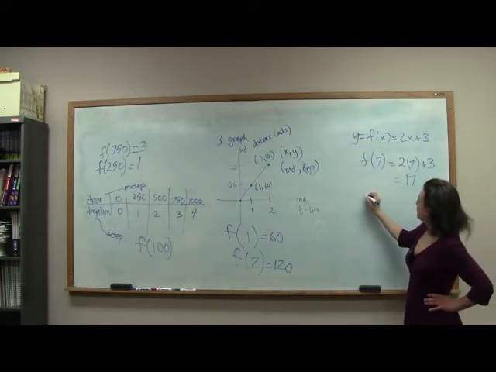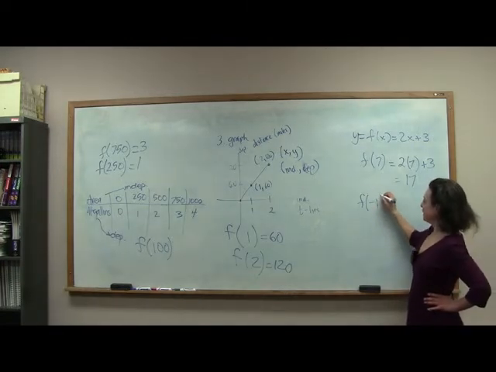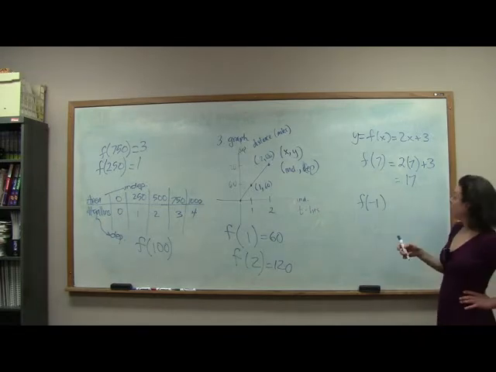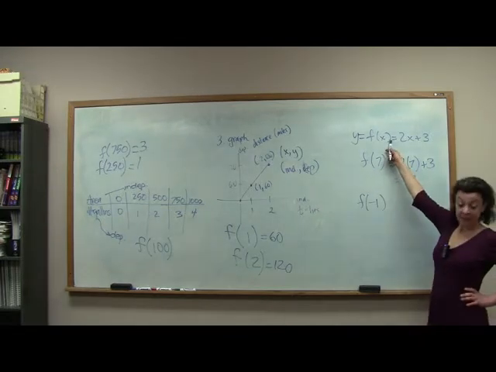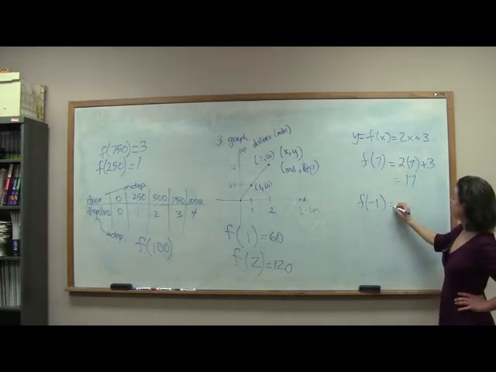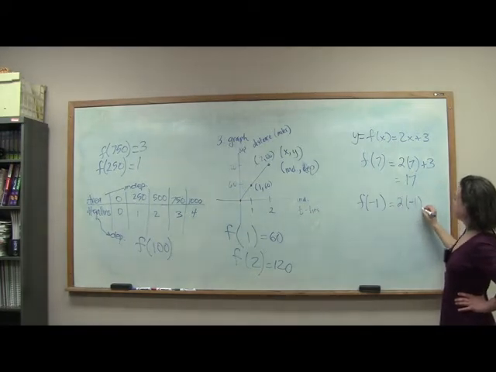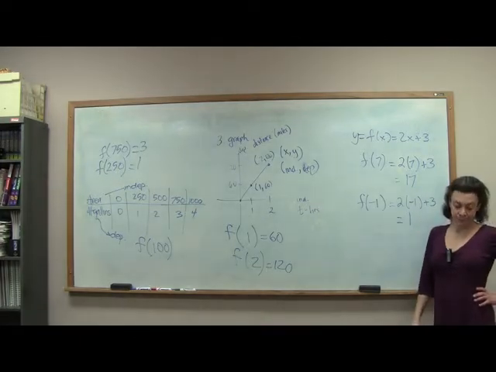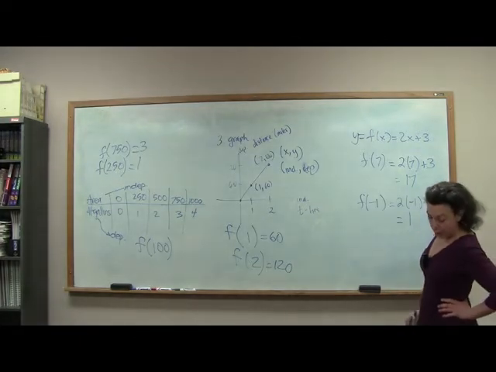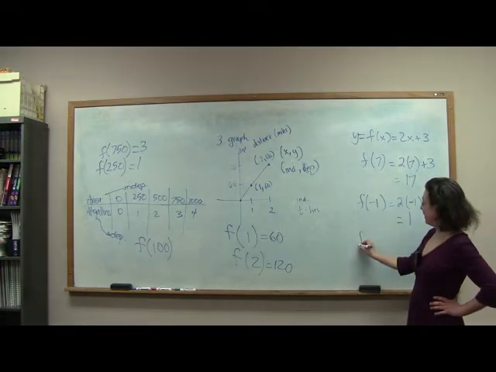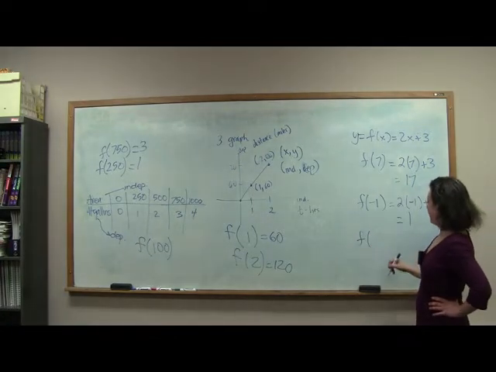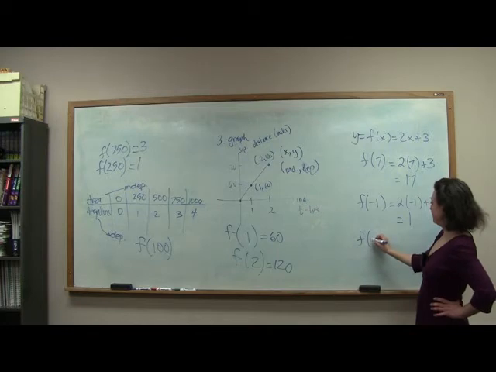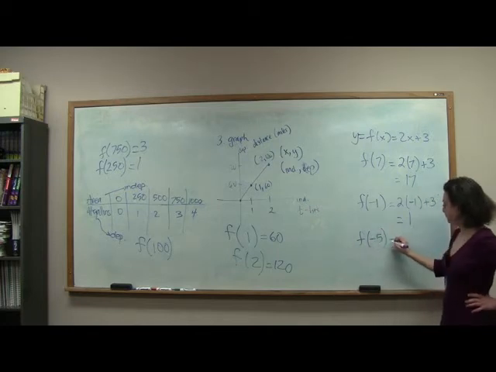Okay? So what if I asked you, what is f of negative 1? Well, now everywhere where we see an x in our function f, we're going to plug in negative 1. So you get negative 2 plus 3, which is 1. Okay? What if I wanted to find f of, who really cares, negative 5?